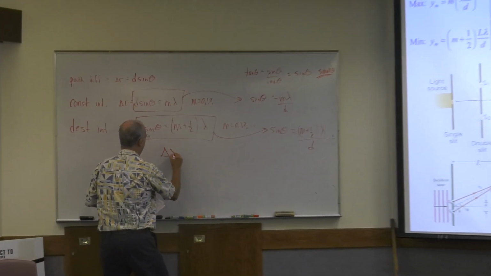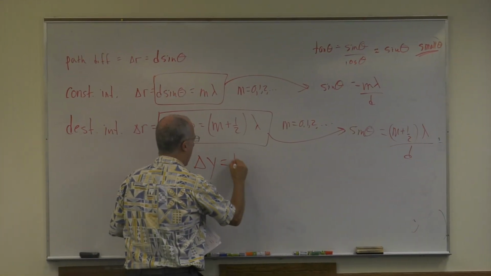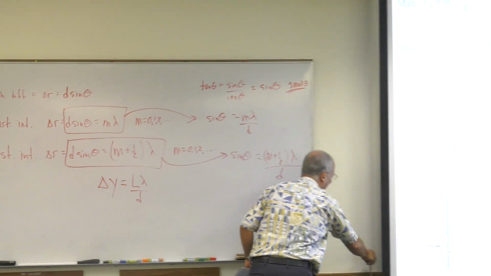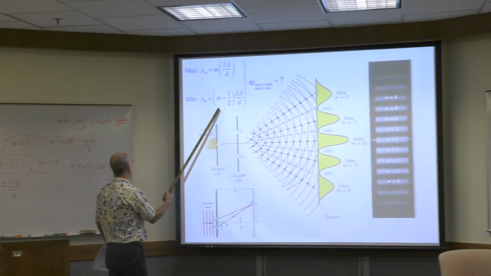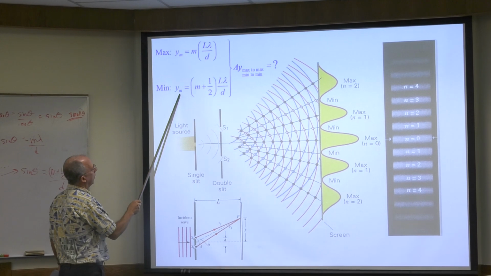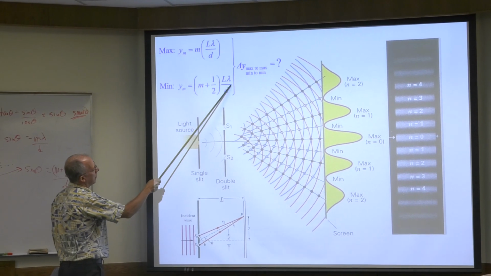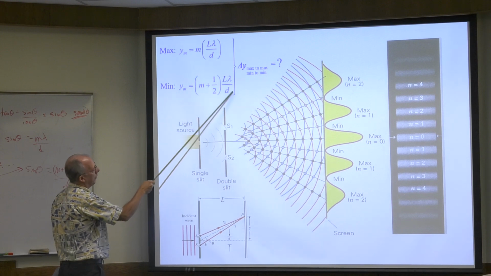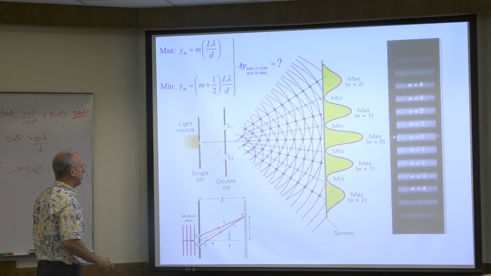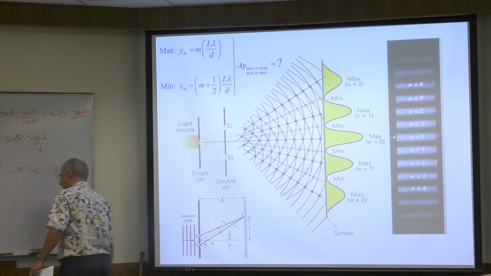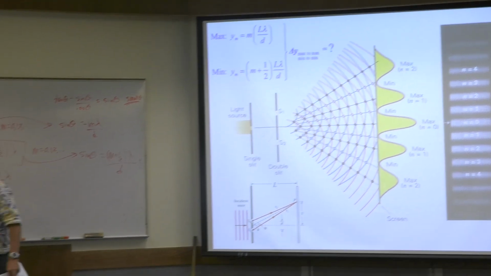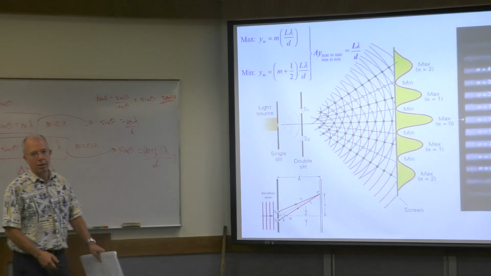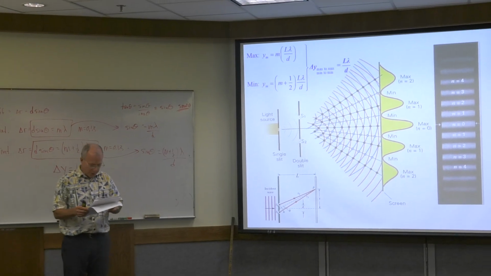You could have done it with the other equation too: start with y1 equals 3 halves L lambda over D, y2 equals 5 halves L lambda over D, then subtract them, and you get L lambda over D. So make sure you know how to get all of these equations, because we're going to use them.